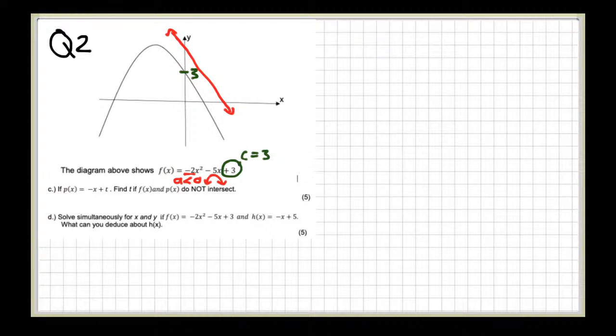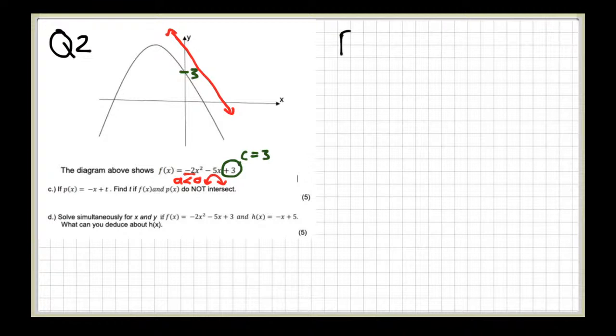So what do I do? I'm going to teach you a lekker trick, a beautiful trick when it comes to mathematics. Whenever they ask me in an exam, where does something not intersect or prove that it cannot happen, assume that it does happen. So how do I assume that they do intersect? Let's think about that. How do I get where two graphs intersect each other?